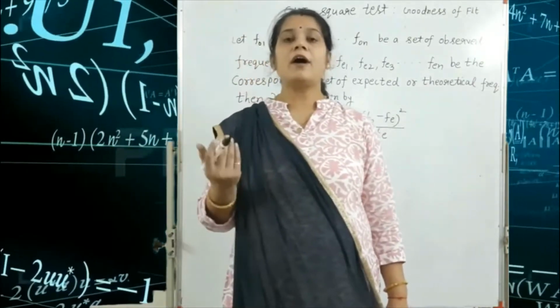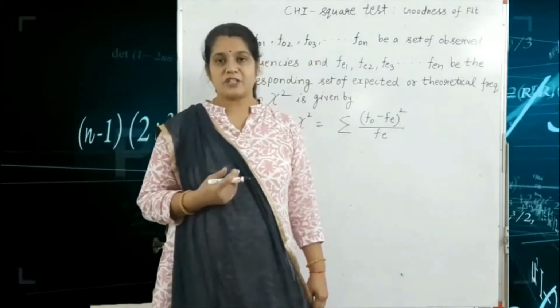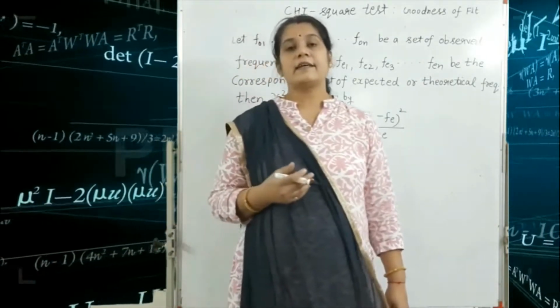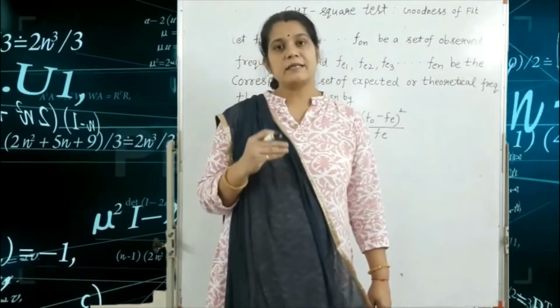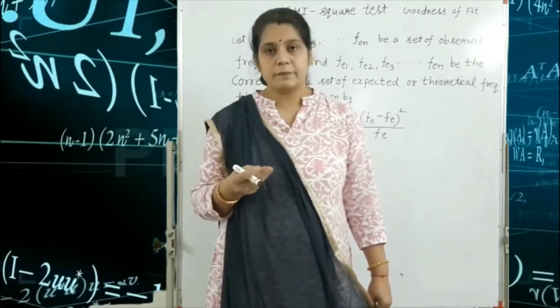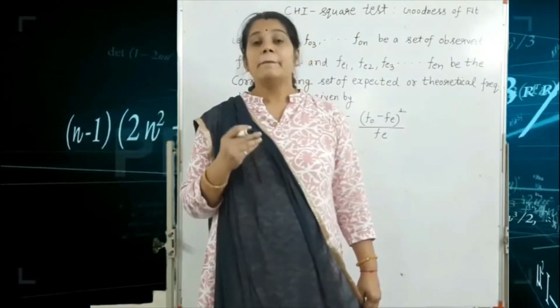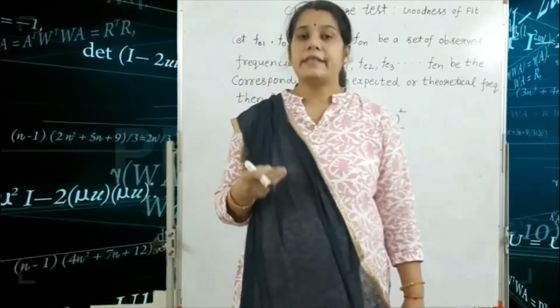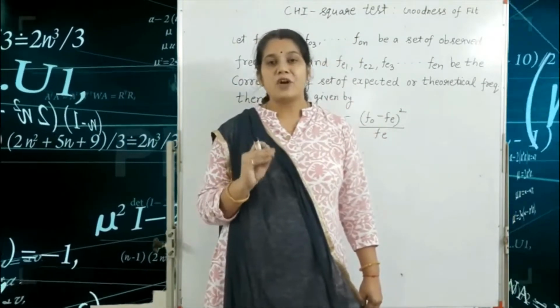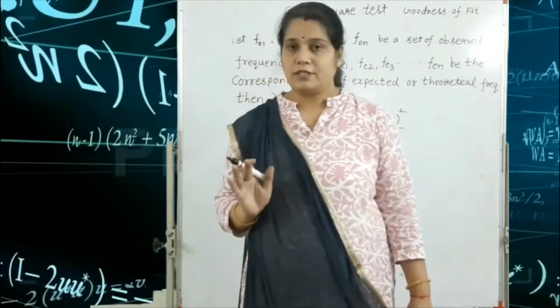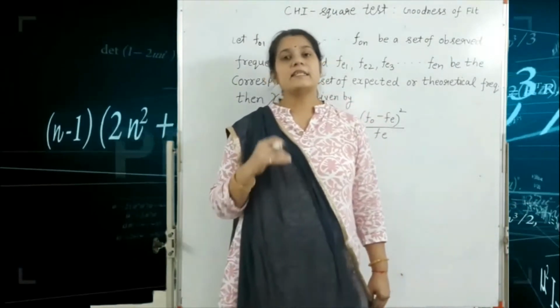We have already seen in our previous lecture the T student test and the F test. The T student test depends on the mean and standard deviation, but the population standard deviation is not given in your question. The second one is the F test.